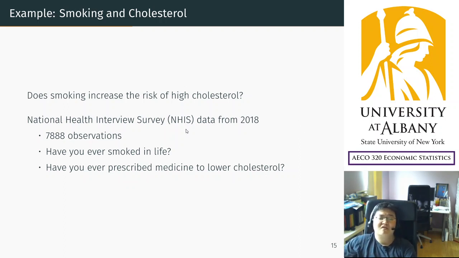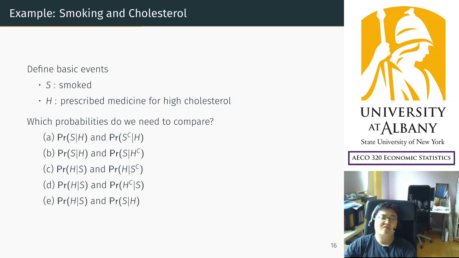So the second variable is about cholesterol problem, and we define the events in this way. S stands for smoking, H stands for high cholesterol. Maybe there is a more formal medical name for this symptom or disease.